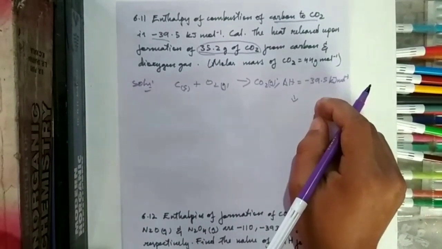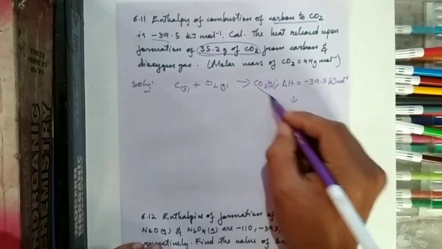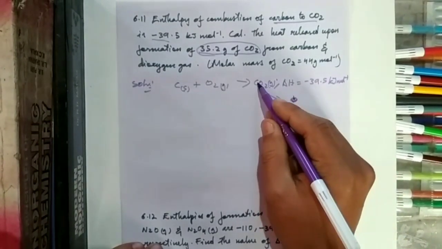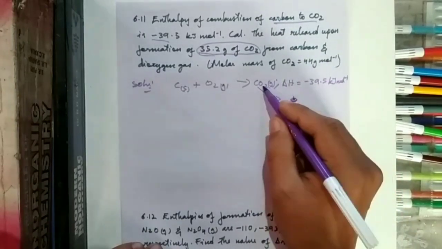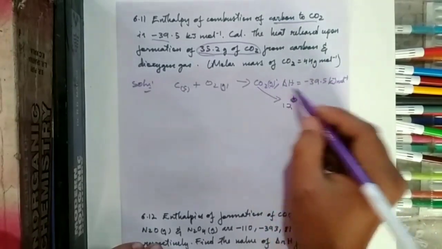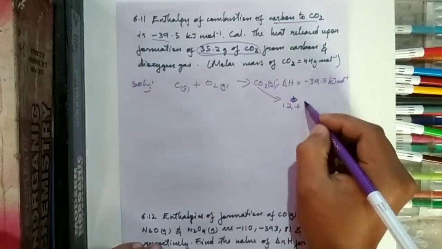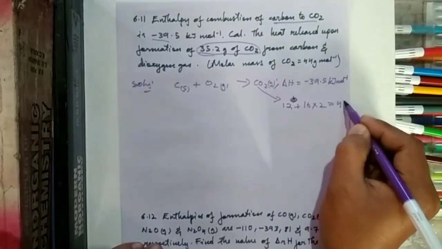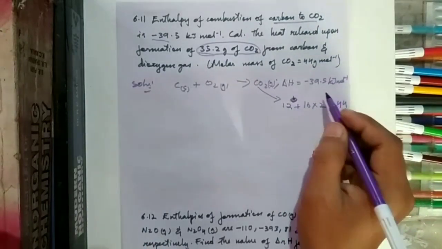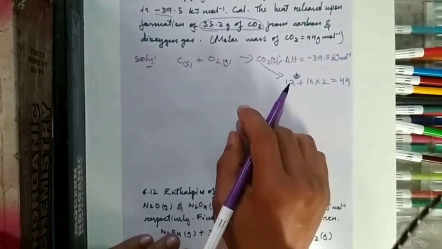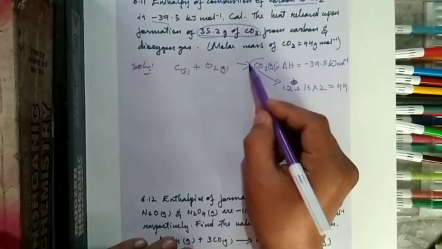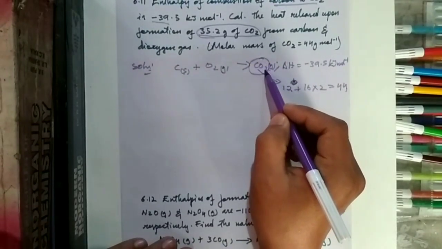So this molar mass, for carbon dioxide CO2, to calculate this molar mass: carbon's atomic weight is 12, oxygen is 16, times 2. So if you calculate, you will get 44. Now in this case we are getting 1 mole of carbon dioxide.